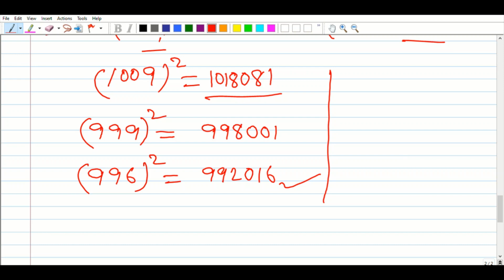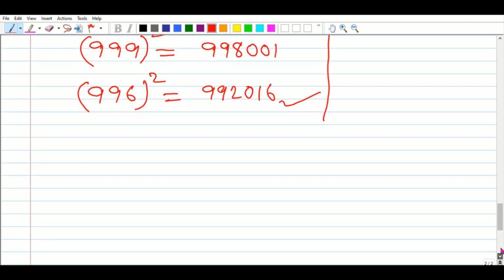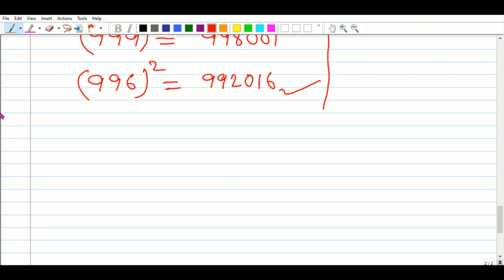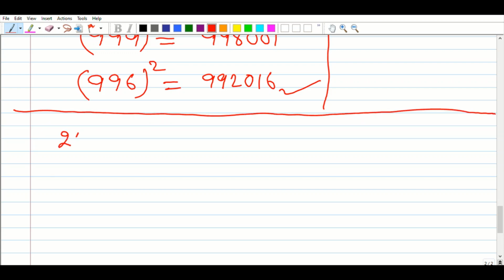For the base of 5, you see here. Suppose we have a number like 25 square. In the unit place, we write 5 square, that is 25.